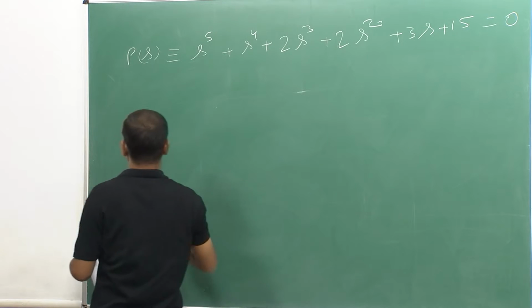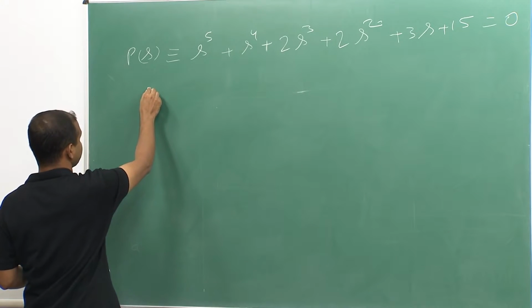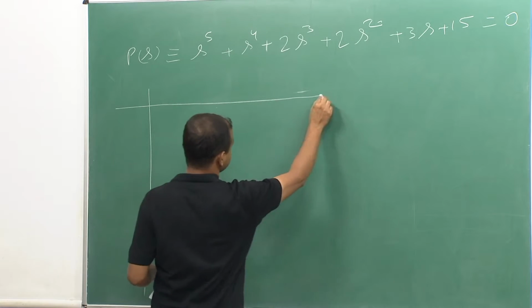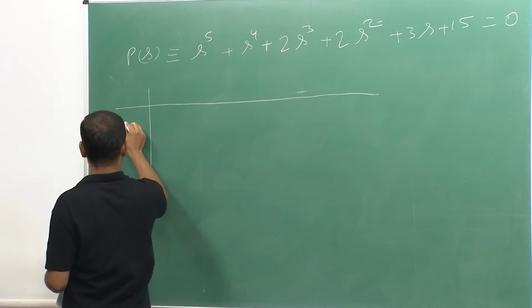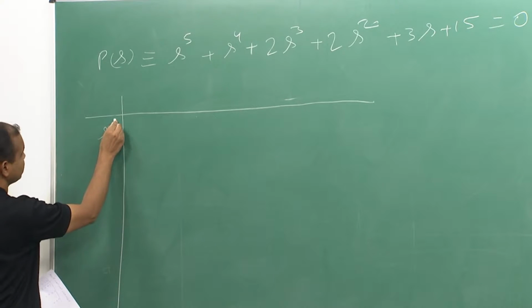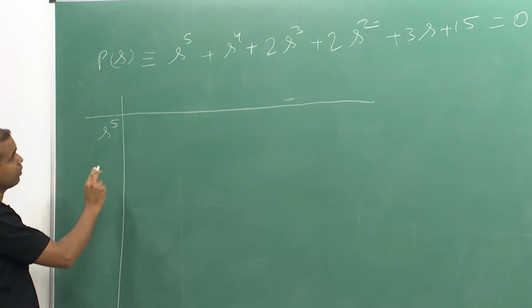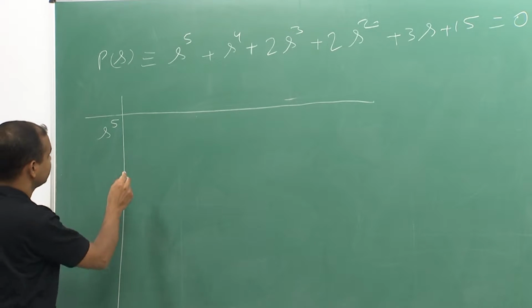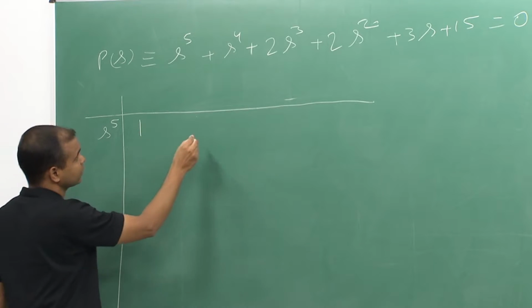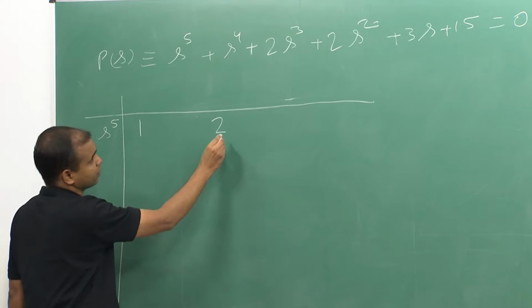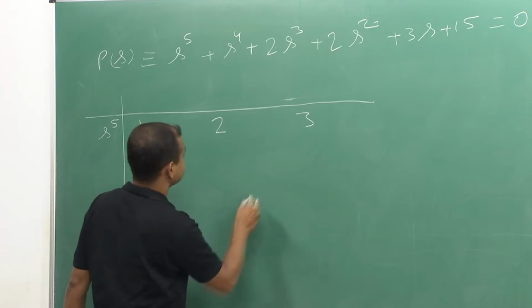So, if you construct the Routh array, the highest power is S to the power 5, this is an odd number. So, I will write all the coefficients having odd power of the S, and this will be 1, the coefficient of S to the power 3 is 2 and 3 here.